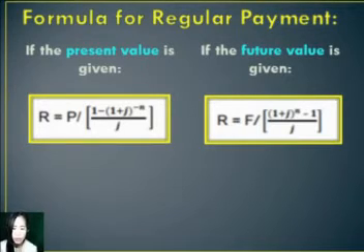If you are given the present value, you will use the first one. But if you are given the future value, you will use the second one. These are the two formulas that we will master in order to solve problems later on.